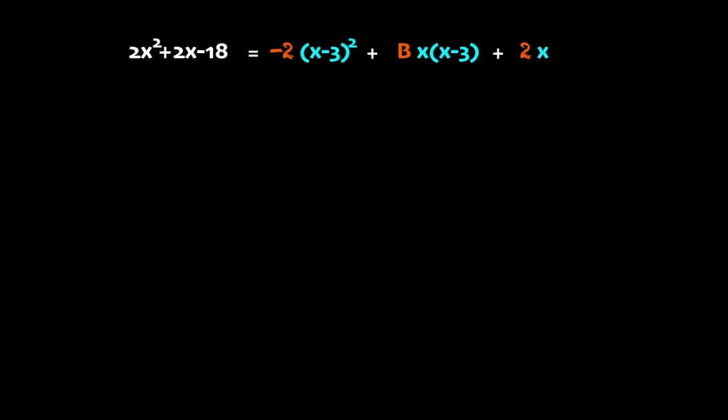So at this point we could plug in any value for x, for example x equals 1, and then solve for b, but just to mix things up, let's equate coefficients. So if we equate the coefficients of x squared, on the left we have a grand total of 2x squared, and on the right, if we were to expand out the brackets, we would have minus 2x squared from the first term and bx squared from the second term.